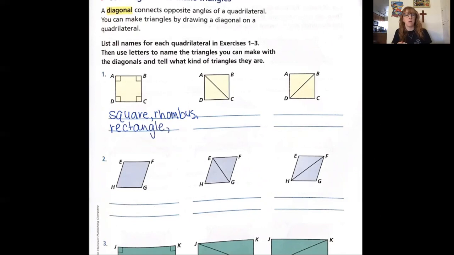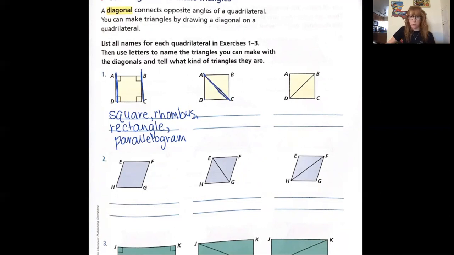And then it's also a parallelogram because it has 2 pairs of opposite sides that are parallel. Parallelogram.